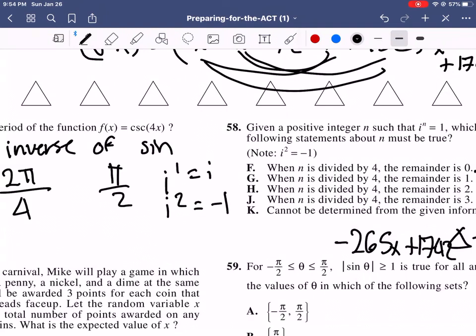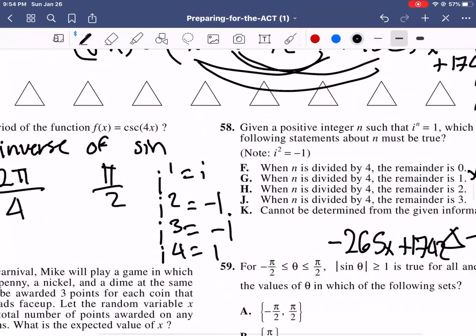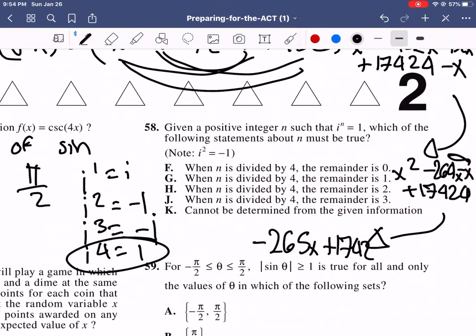Negative 1. i to the third power equals negative i, i to the fourth power equals 1. So if you know i to the fourth power equals 1, the remainder when 4 is divided by 4 is 0. That is true.